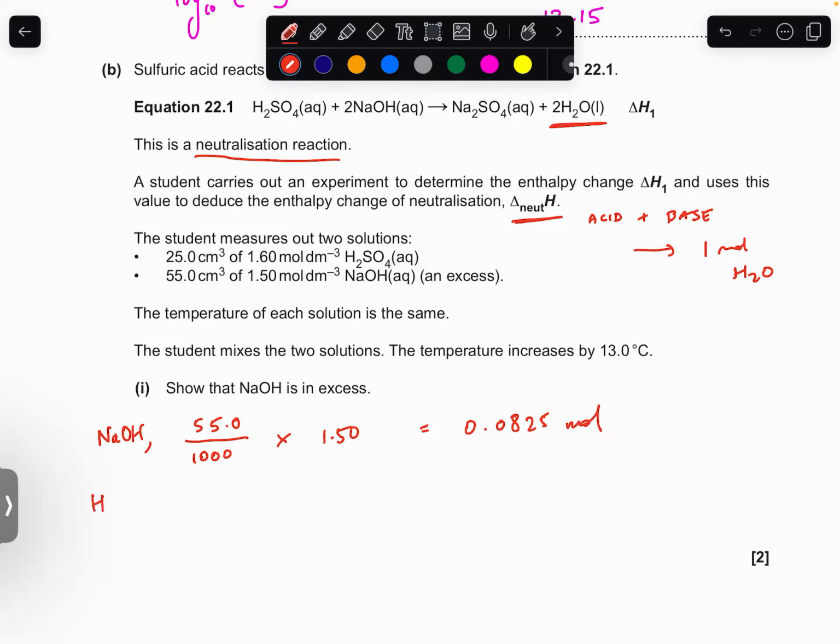And for sulfuric acid, it tells you that the NaOH is in excess. But let's have a look at why it is in excess. You've got H2SO4. Again, volume times concentration.